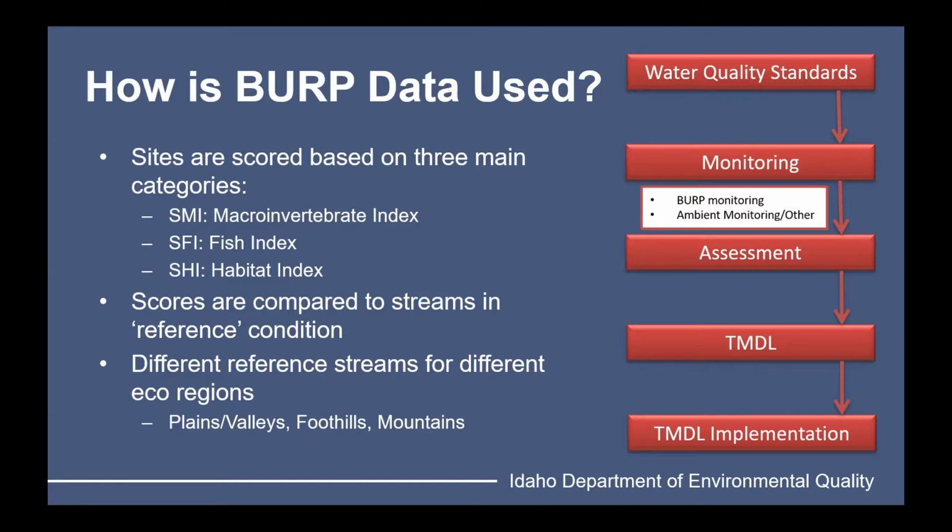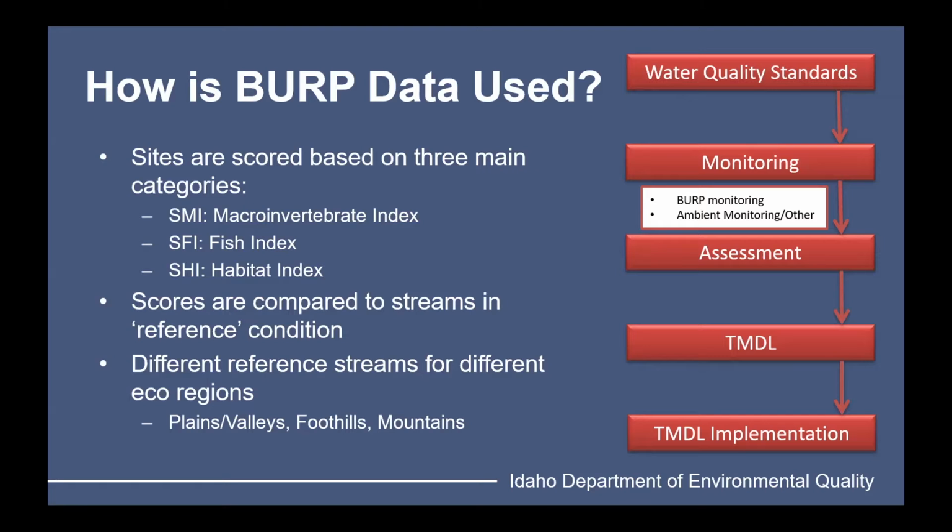And our assessments inform the overall stream condition that we put forth in our every 2-year, ideally, integrated report. So from these assessments, we pick up a signal of impairment, ideally, if our BURP score fails. And then from there, we can hone in on streams that are at risk or impaired.